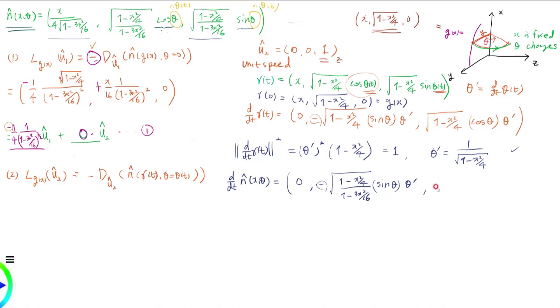And then for the z coordinate, we have the same thing, cosine of theta and theta prime, for the derivative of sine, so 1 minus x squared over 4 over 1 minus 3x squared over 16.